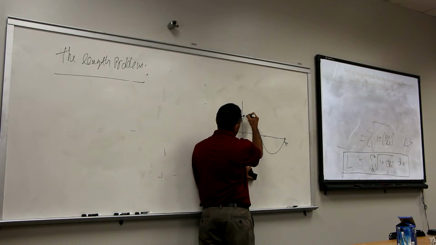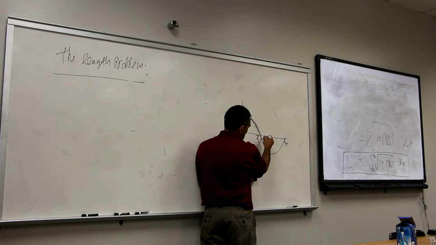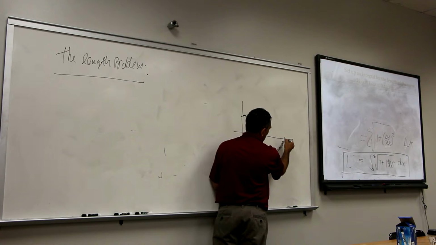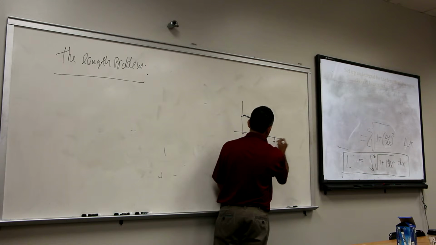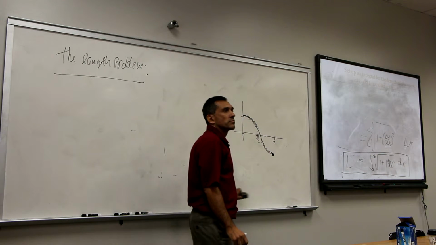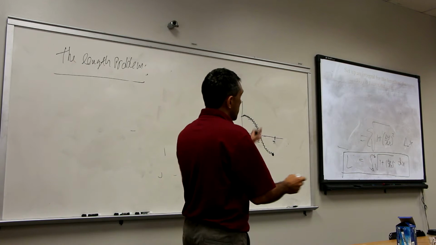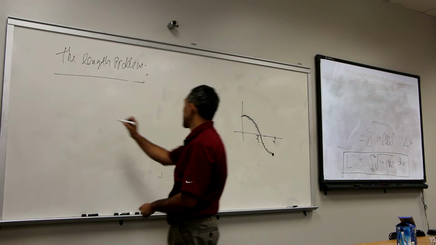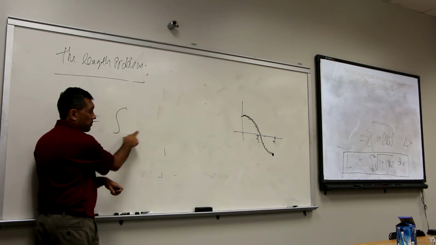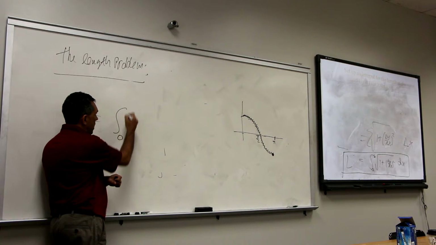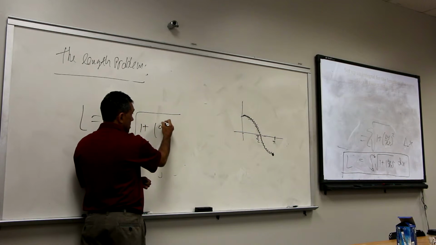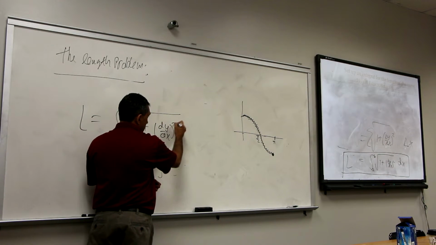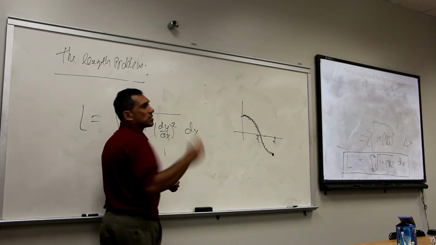I want to know the exact length of that curve. So this says you're going to have to set up an integral from where to where? 0 to pi, the square root of 1 plus the derivative of y squared. Take the square root and integrate it.